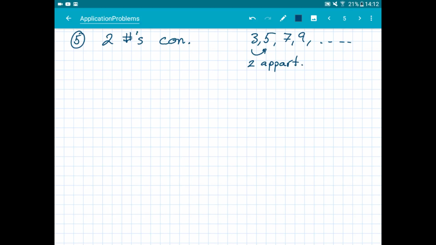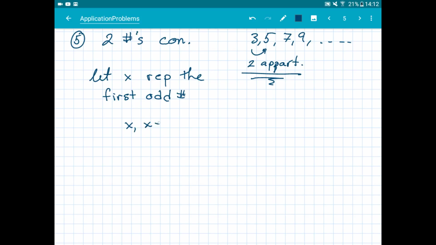Because they're 2 apart, if one of them is x, so let's let x represent the first odd number, then we have x, and then x plus 2, x plus 4, x plus 6, and so on will give us the next set, or a set of odd numbers.